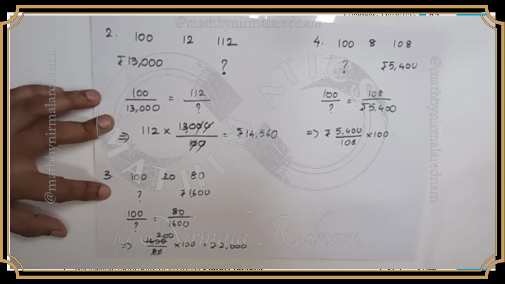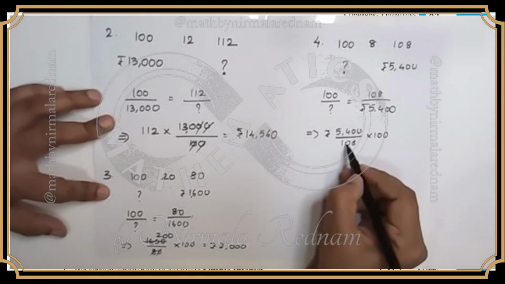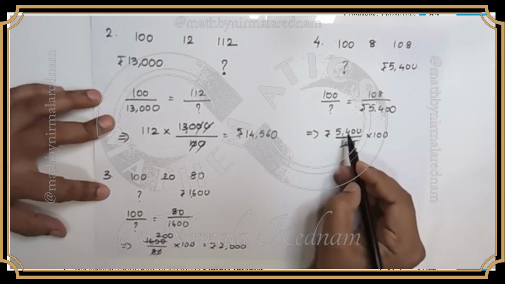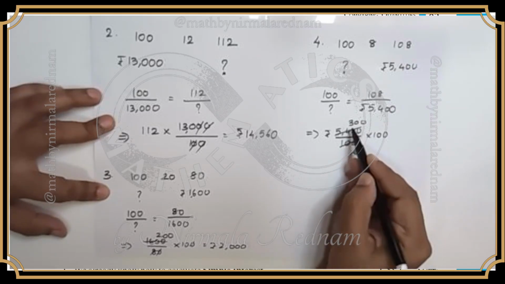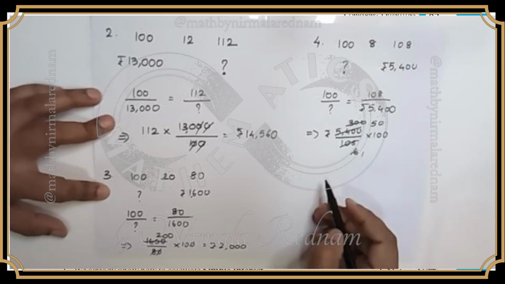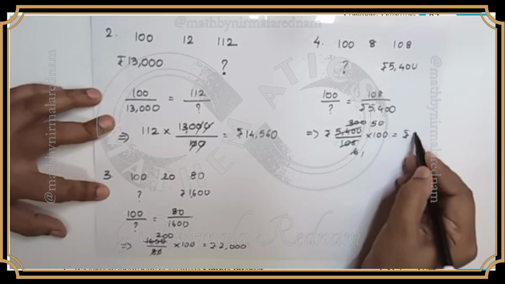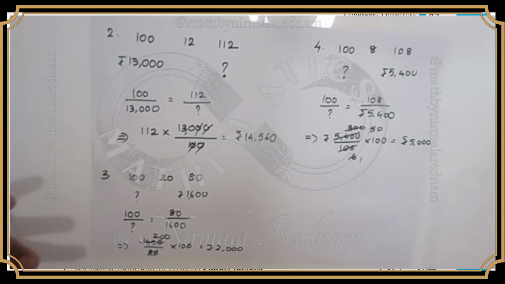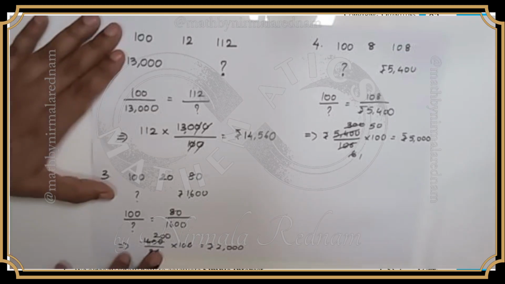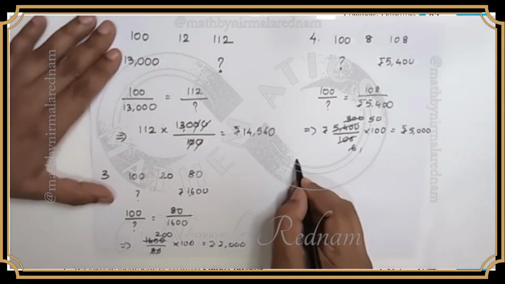So here I'm going to simplify this. 18 table, if you look at the 18 table, 18 sixes, 18 threes, right? And again the 6 table, and this will give me 5000. So you can say that before the VAT was added, the price of the item was 5000 rupees, right?